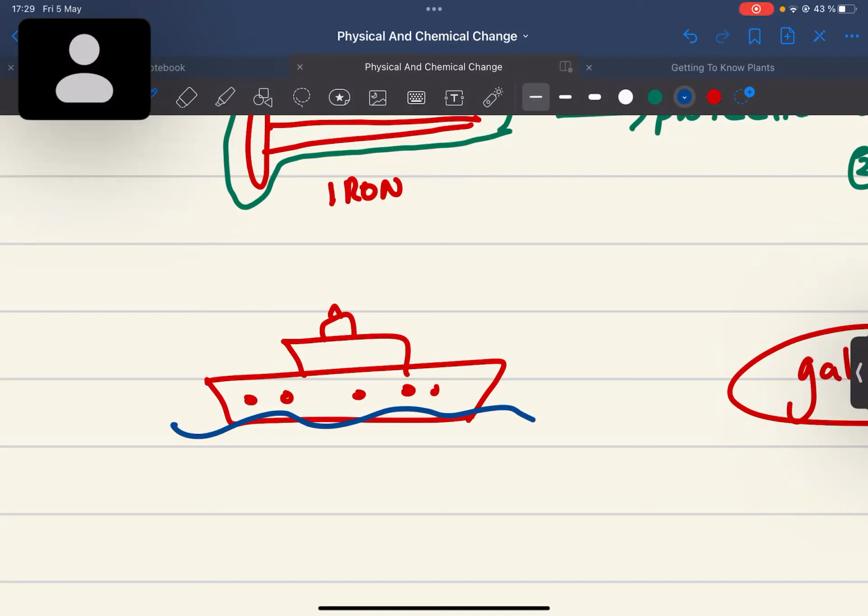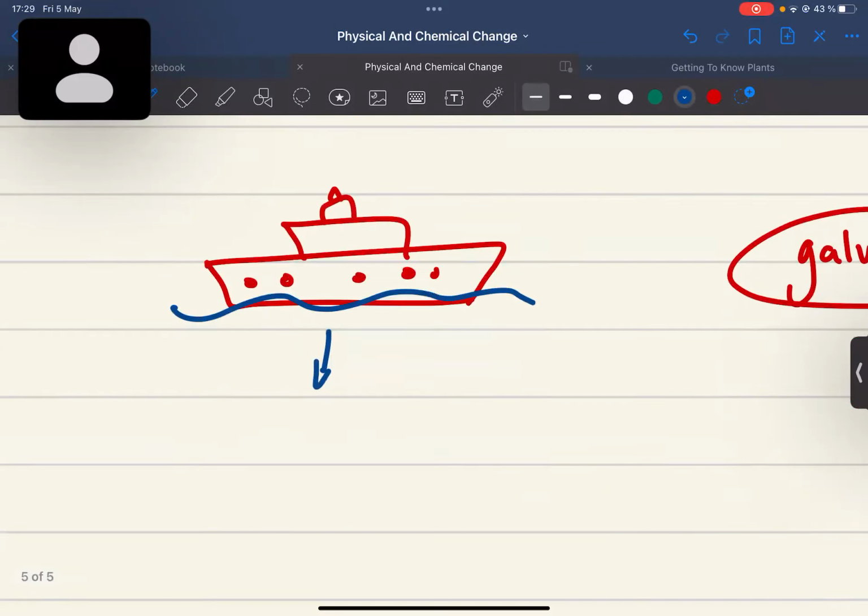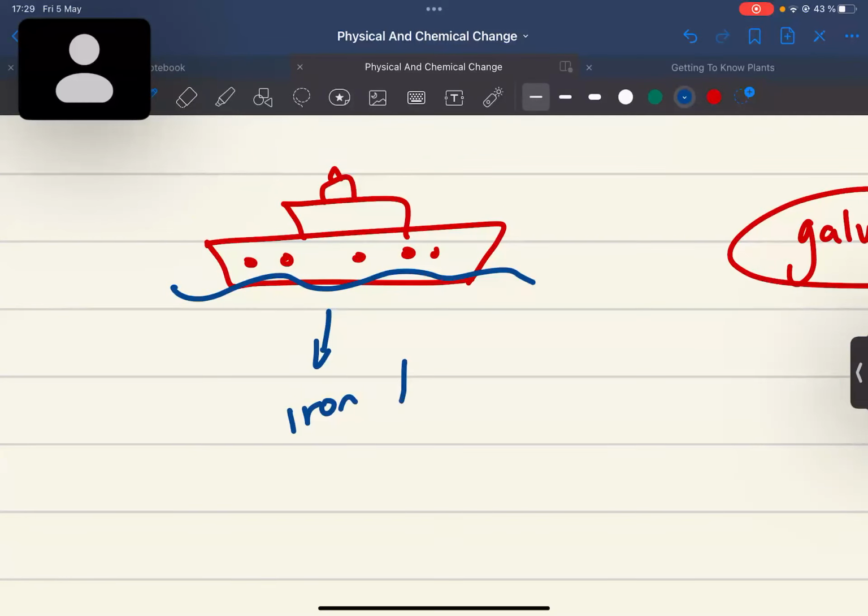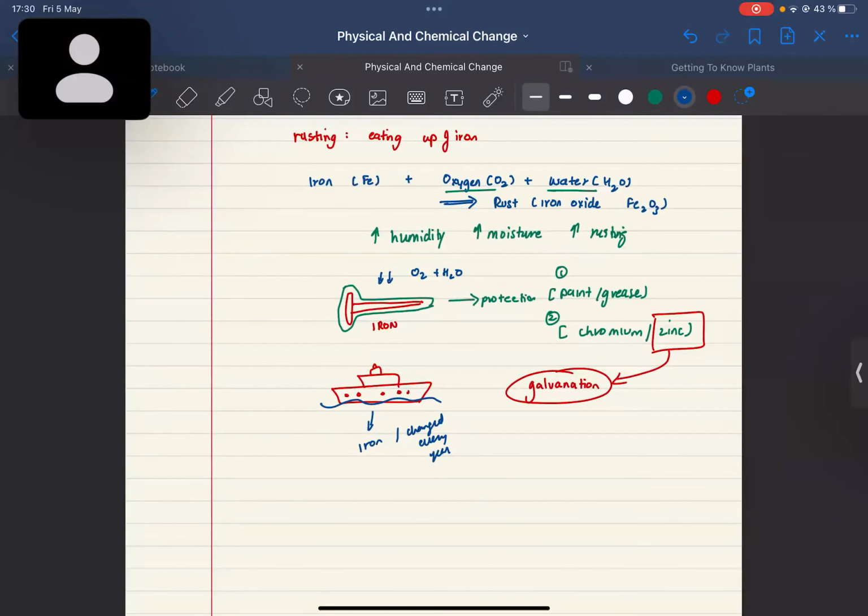Every year the iron of the ship has to be changed, which will cost lakhs and lakhs. So every year our country spends that much money on the loss of ships. Okay, so this is rusting for y'all.